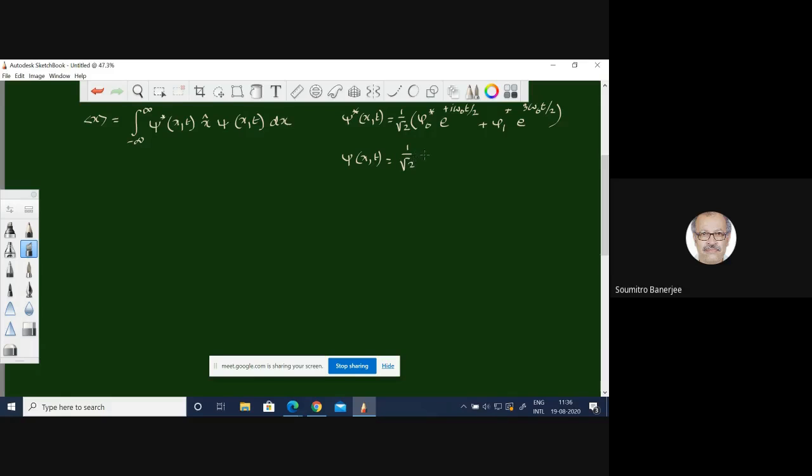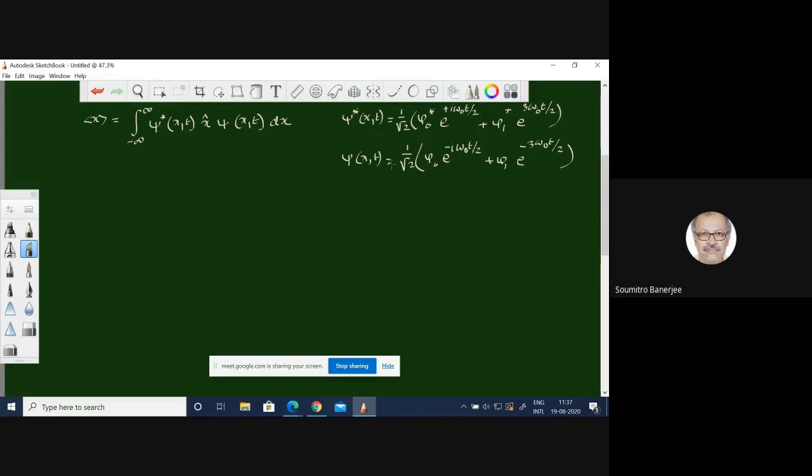This was the psi star part, and the psi part was, I'm just rewriting so that we can use this in the calculation of this. It will be psi naught e to the power minus i omega naught t by 2 plus psi 1 e to the power minus 3 omega naught t by 2.